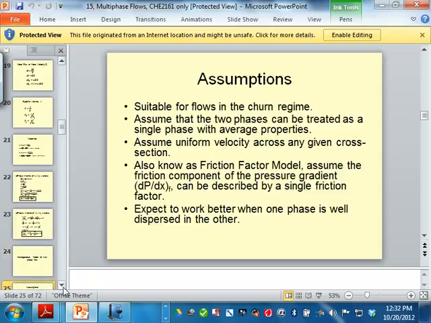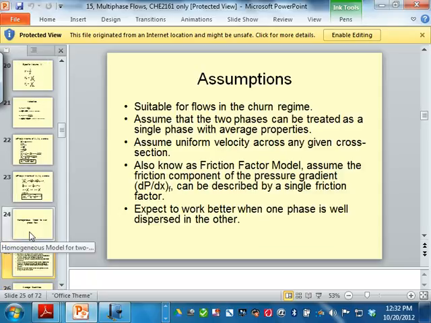Basically, there are different models that you could use to predict pressure drop in a pipe with two-phase flow. The homogeneous model is only one of them. It's suitable for more the middle regime, the churn, not all the way gas flow and not all the way liquid flow.